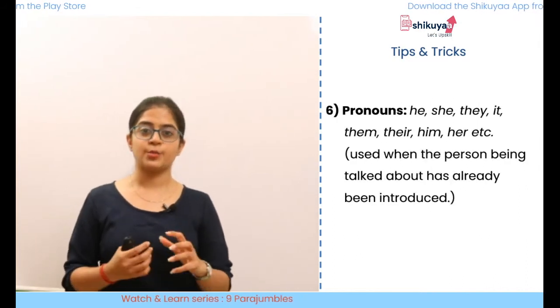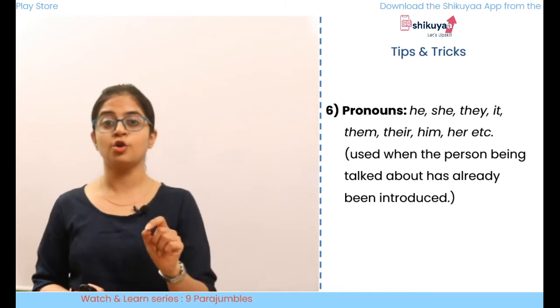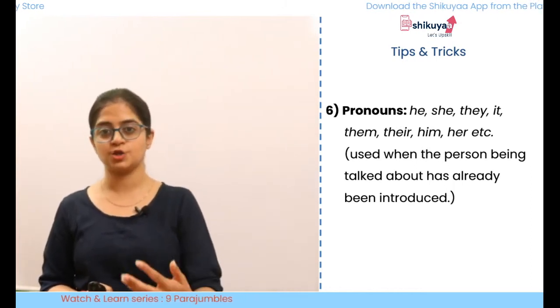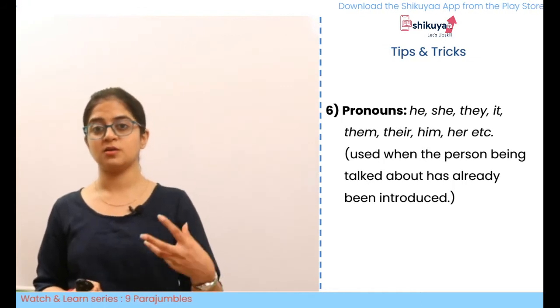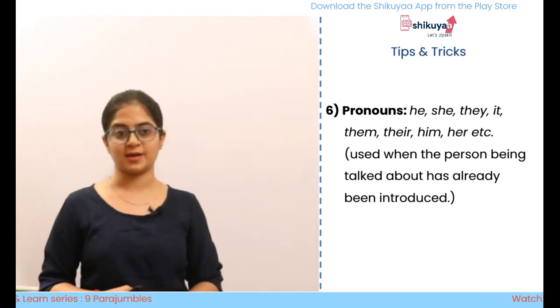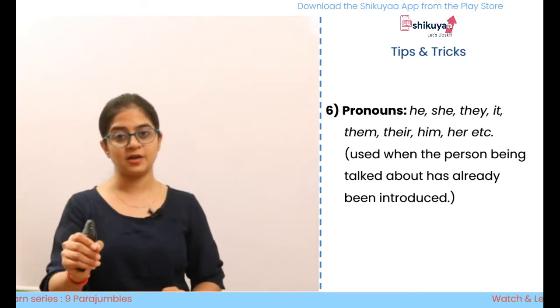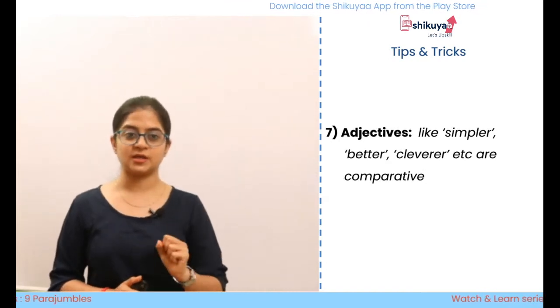Next is pronouns. You should also mark or note this kind of pronoun, that is he, she, it, they, right? It is talking about the person or subject they are talking about in the paragraph. So always try to identify this kind of pronouns as well. Next tip would be adjectives.